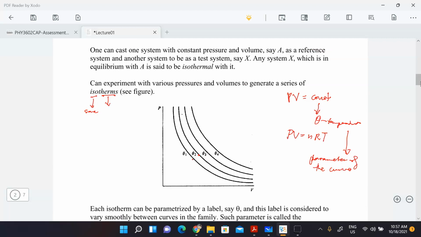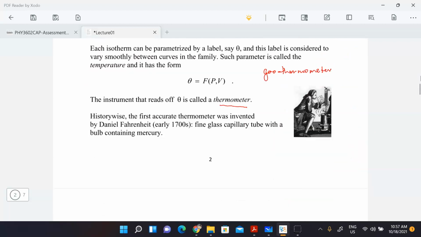We can think of changes within the isotherm going from this particular point to this particular point. So I can do changes along this isotherm and then go back up to the original configuration, original pressure or original volume.